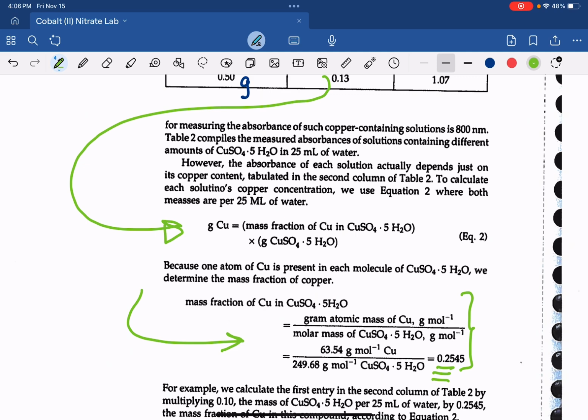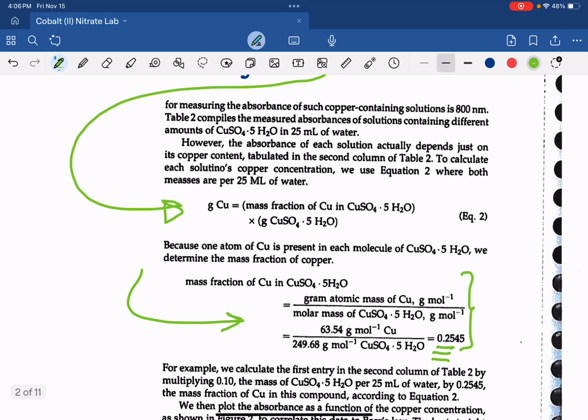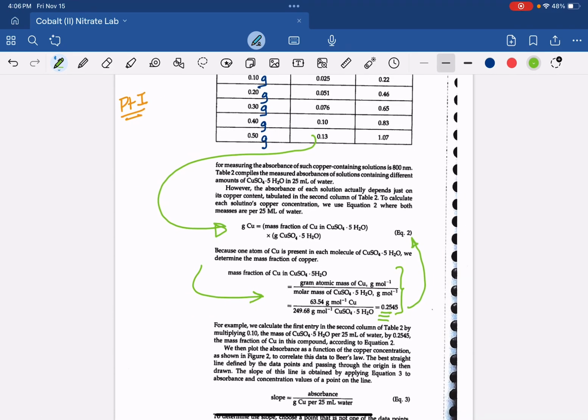Now, in this example problem, they're doing it for copper sulfate with 5 waters. We have to do it for the cobalt chloride, okay? And then once you have that, you're going to come back up here and you're going to apply equation number 2, okay? All right, so I don't want to get too far ahead.